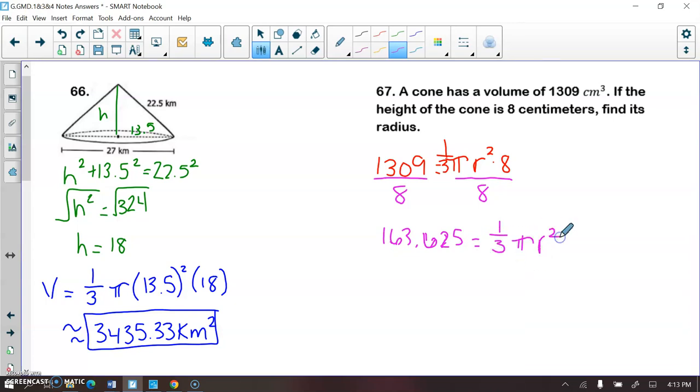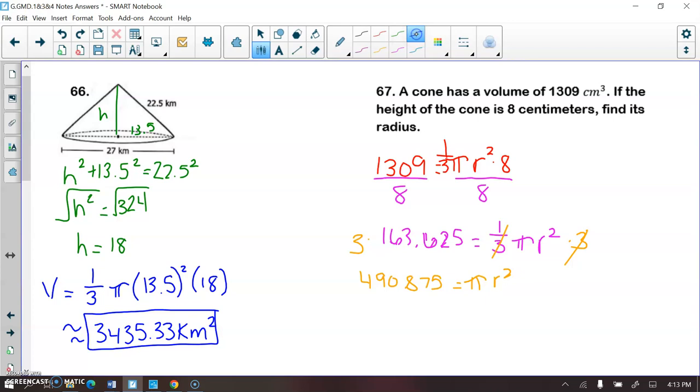I'm going to multiply by 3 to get rid of that 1/3. And I wind up with 490.875 is equal to pi r squared.